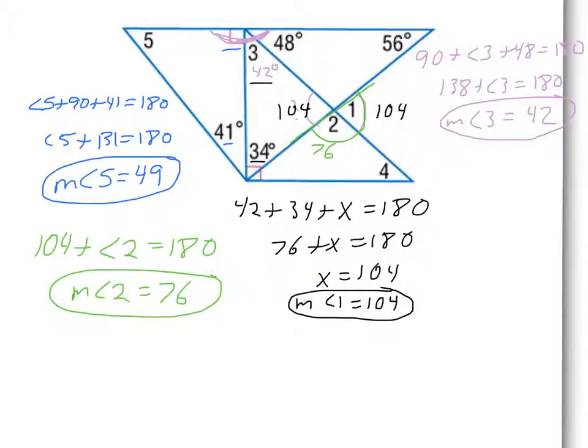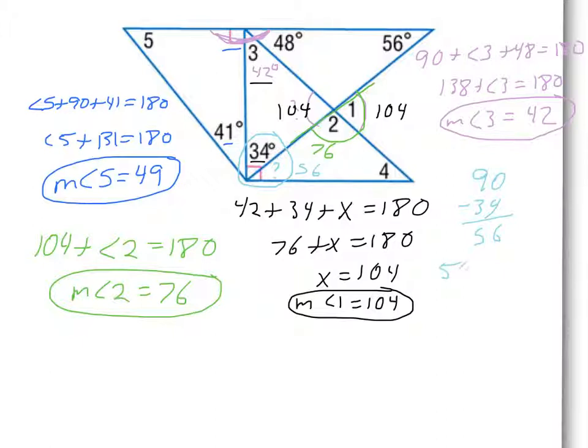Now we need to find angle 4, our last one. The only problem is we don't know what this angle is right here. I do know that I have a 90 degree angle and I have 34, so if I take 90 and subtract 34 degrees, that gives me 56, which means this angle is 56.